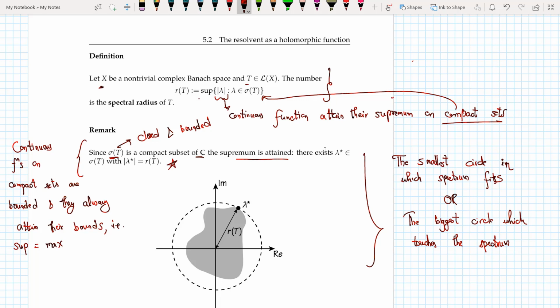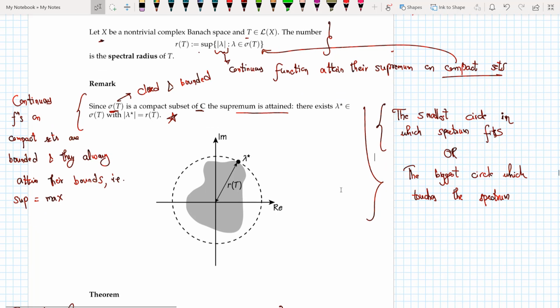And I can define this as the smallest circle in which the spectrum fits. If this shaded region is the spectrum, then lambda star gives the radius of the smallest circle in which the spectrum fits, or the biggest circle which touches the spectrum. You can put it either way.